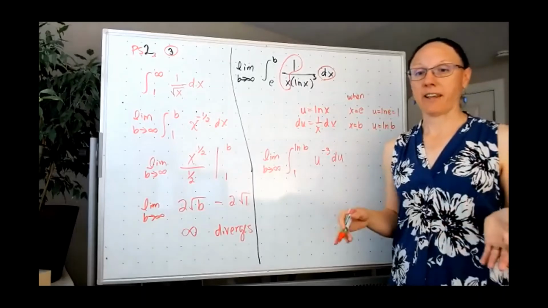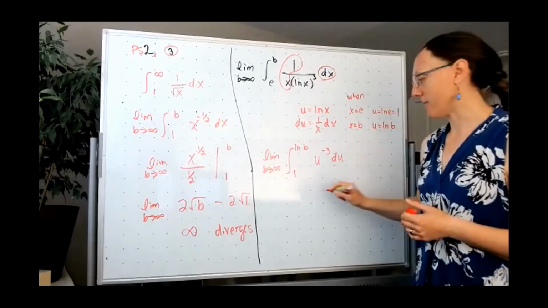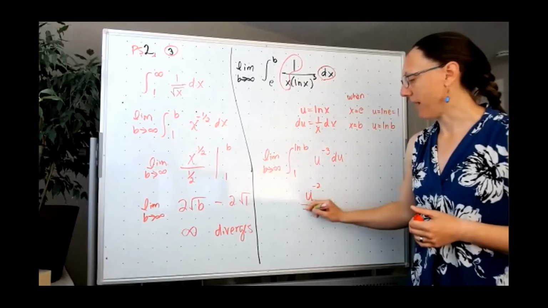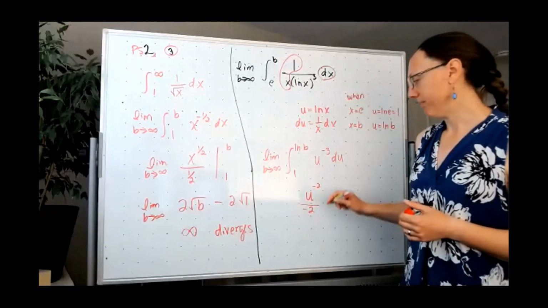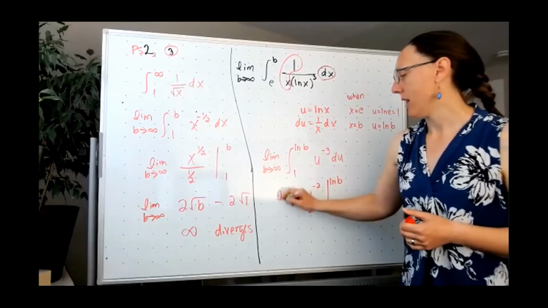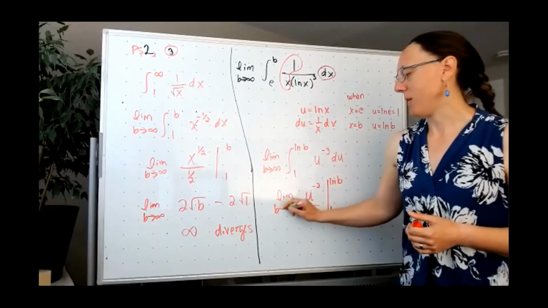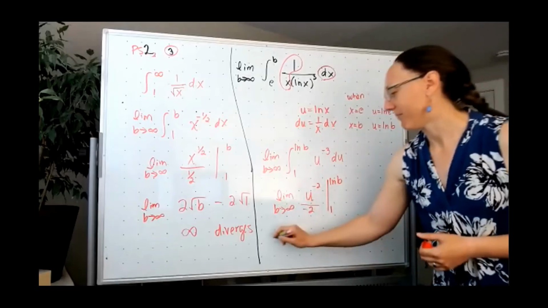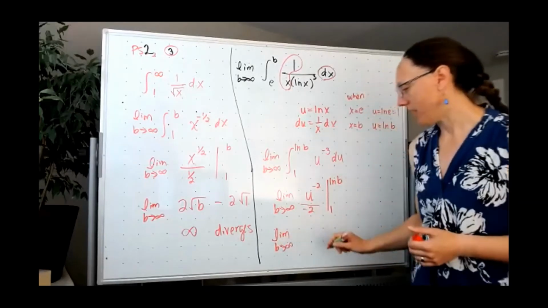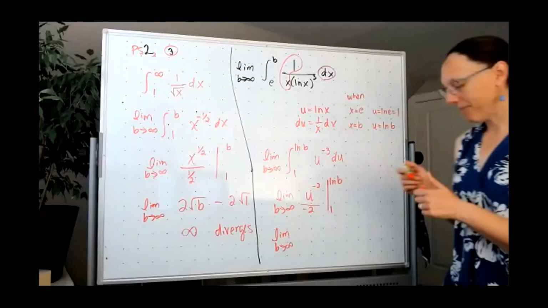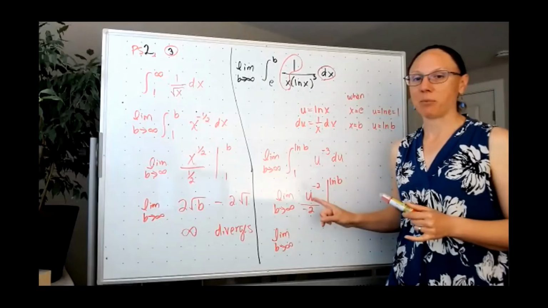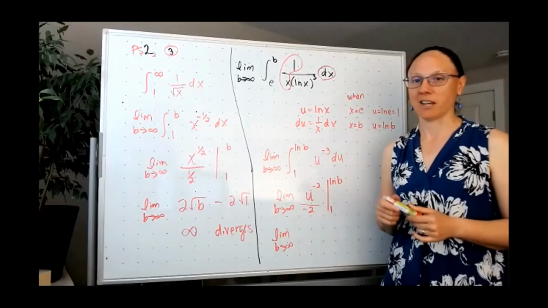Now I'm ready to find that antiderivative by adding 1 to the exponent, getting u to the negative 2, and then dividing by that new exponent. We're going to take that from 1 to natural log of b, and then take the limit as b approaches infinity. And if I didn't have to take the limit on this, I would probably leave it looking like this.